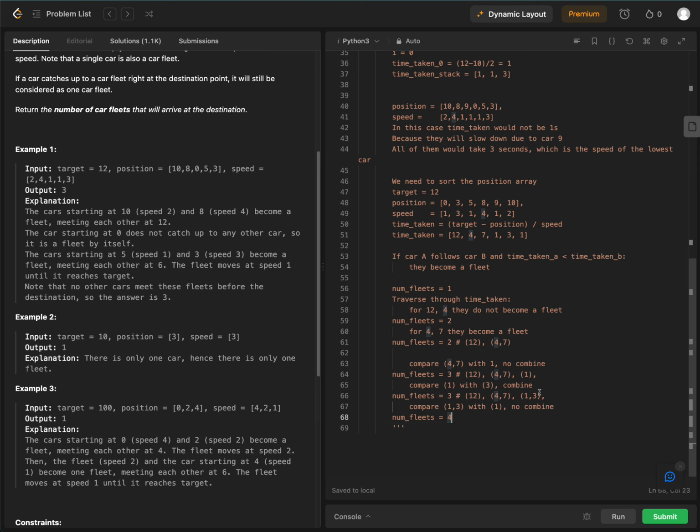Something seems to be wrong here. Okay, we have 4 instead of 3. We are looking at these 3 fleets here: 12, 7, and 3.